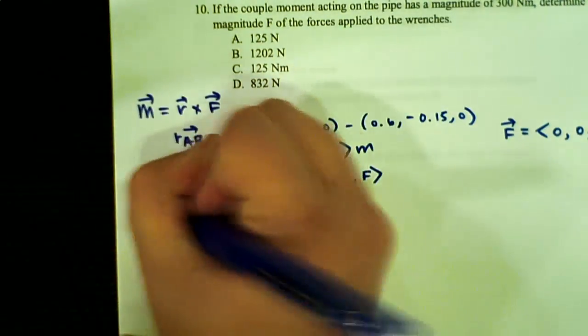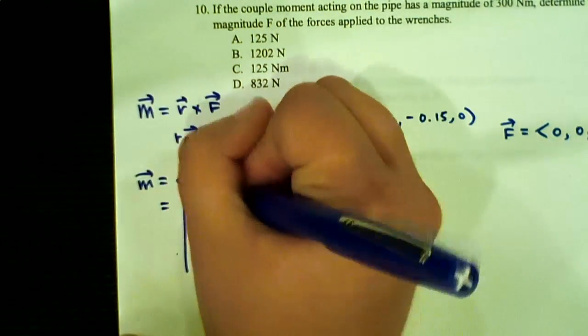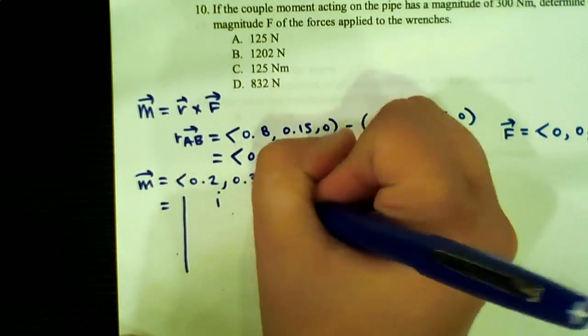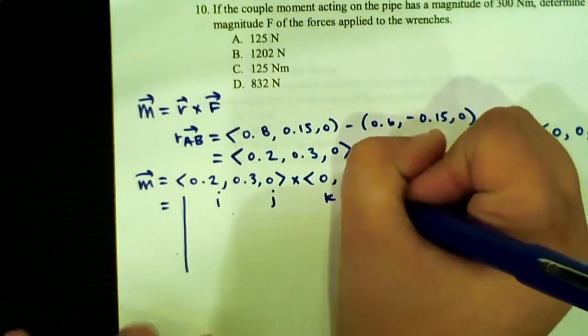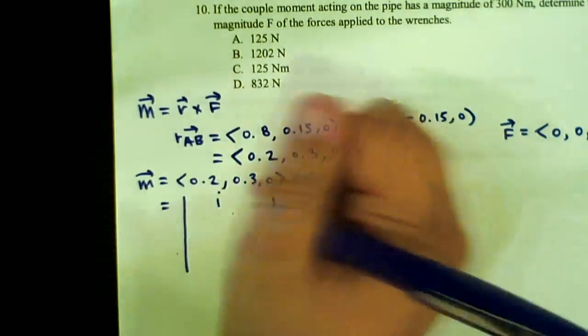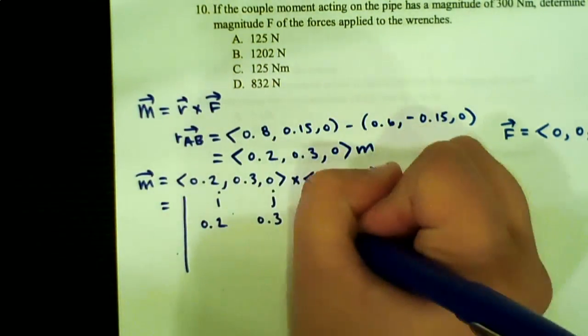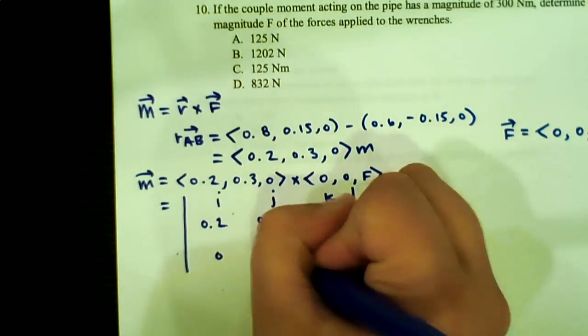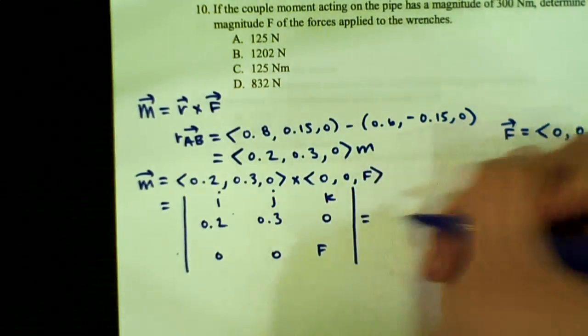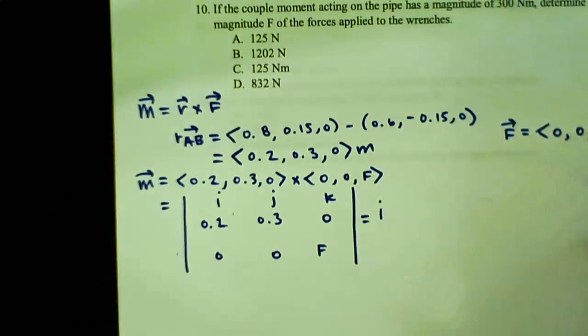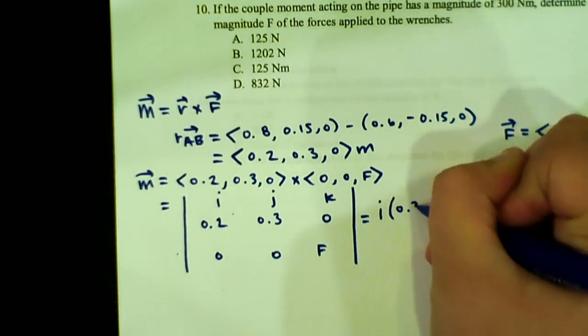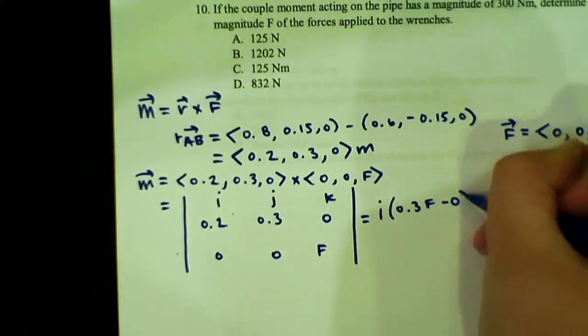Just in case someone doesn't know how to do it, I'll set up the matrices. We have 0.2, 0.3, and then 0, and then we have our 0, 0, F. So first we have our I component: 0.3 F minus 0.